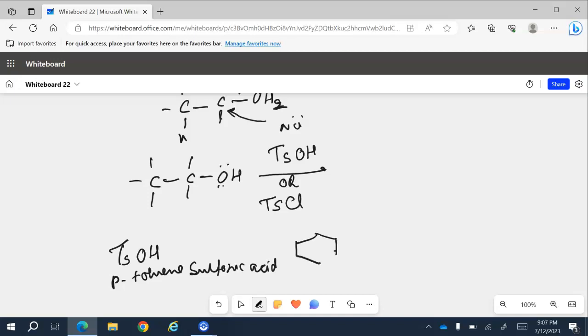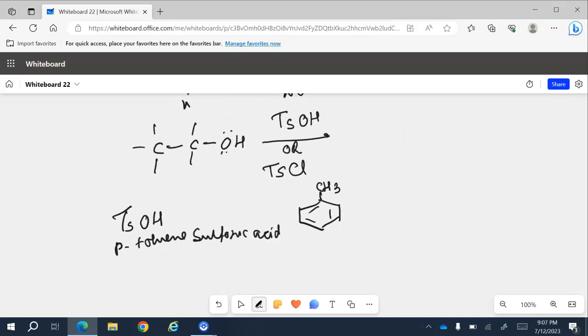This is a benzene ring. Whenever we have a CH3 group, that is what we call toluene, and on the para position, just opposite side of the CH3 group, that is where the sulfonic acid group is, S double bond O, and OH. This is what is called sulfonic acid.